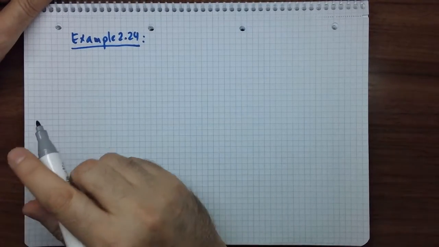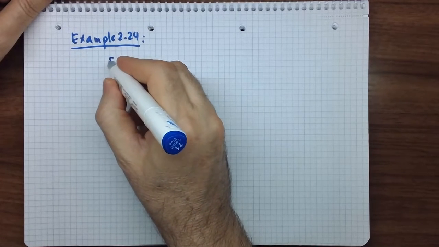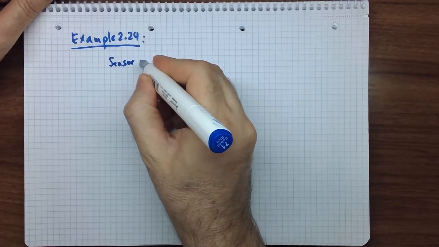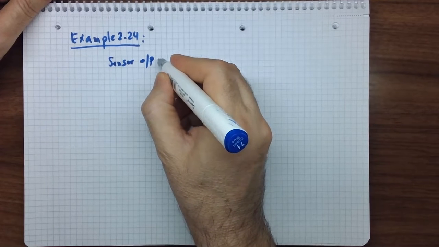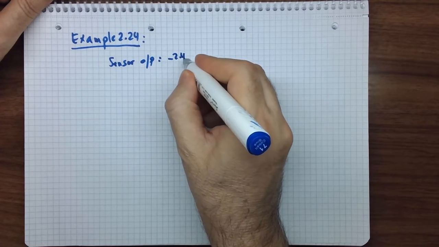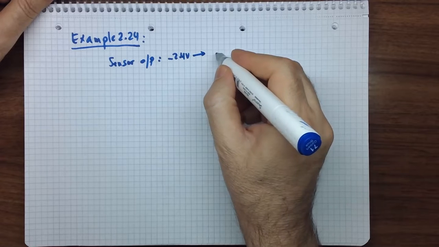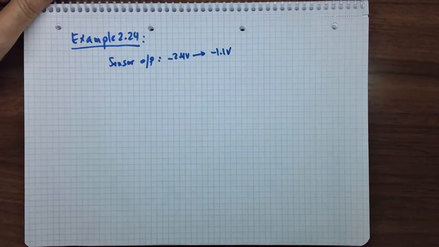In this example, we have the sensor with an output from minus 2.4 volt to minus 1.1 volt.